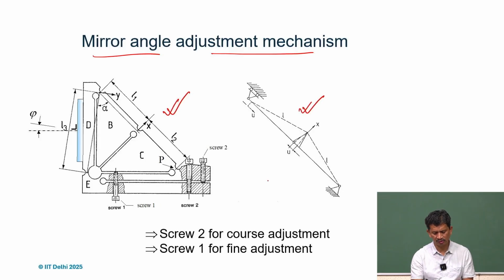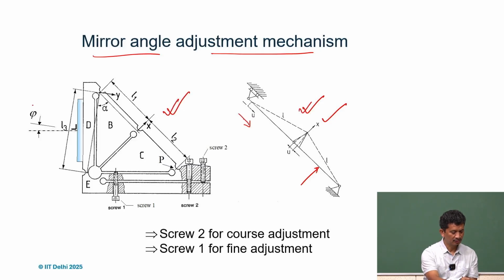So toggling position, you move it, and this is getting displaced x, and then you get u, and therefore you will have this phi rotation.